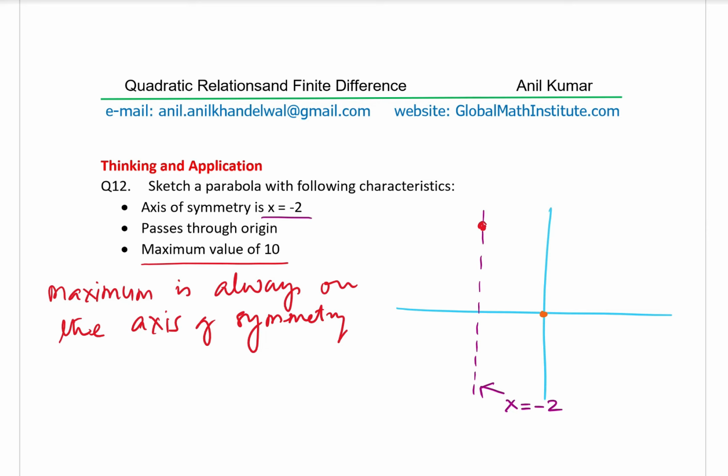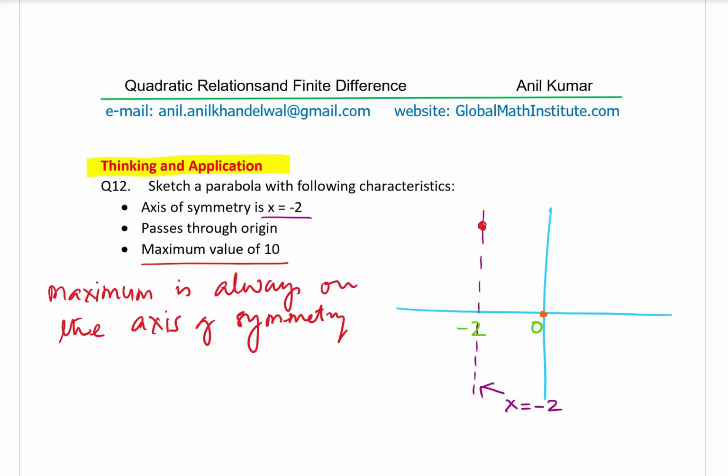Now we have 2 points. How do we sketch a parabola? We'll use a property of parabola here, and that is why we are categorizing it as a thinking and application question. The property is that we should have symmetrical points. So this is at 0, this is at -2.